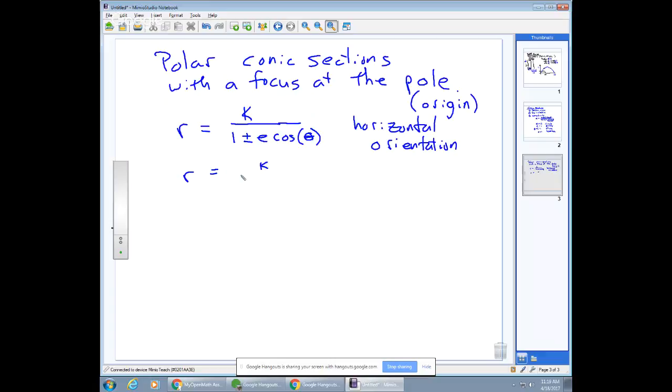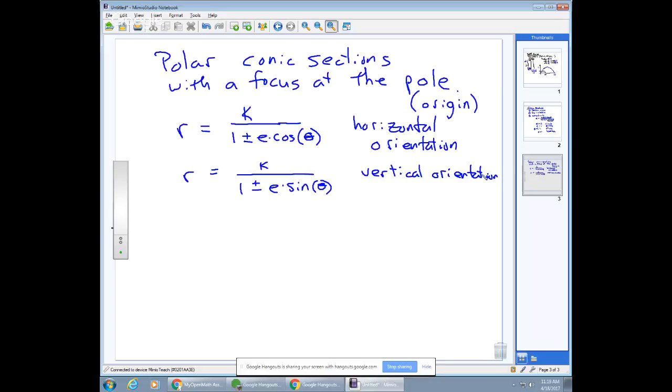You could also have k over 1 plus or minus the eccentricity times the sine of the angle, and that would be a vertical orientation. We'll just graph a few of these and see what they look like.